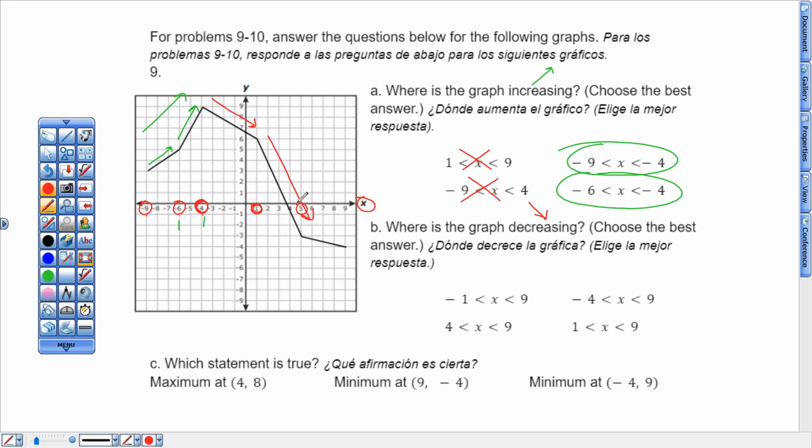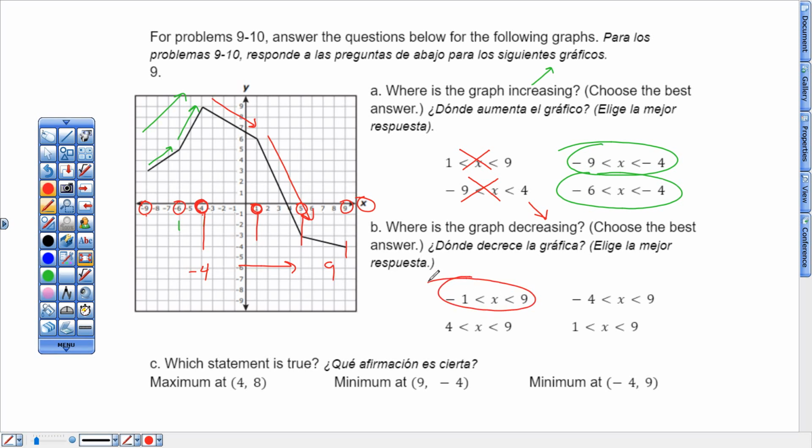And then I could see another downhill spot from 5 to 9. So those are all downhill sections, all the way from negative 4 all the way to 9. So if I look at these, from negative 1 to 9 going downhill, yes, that is true.